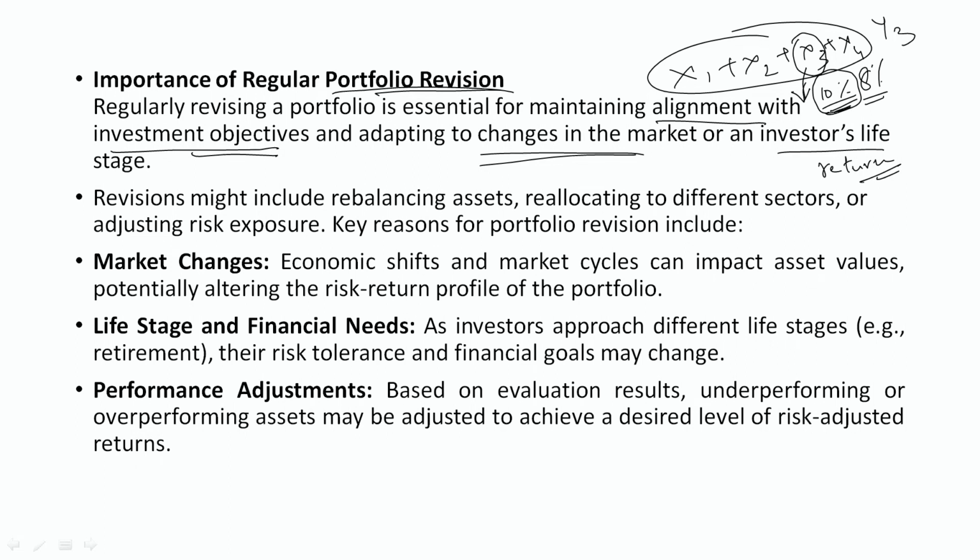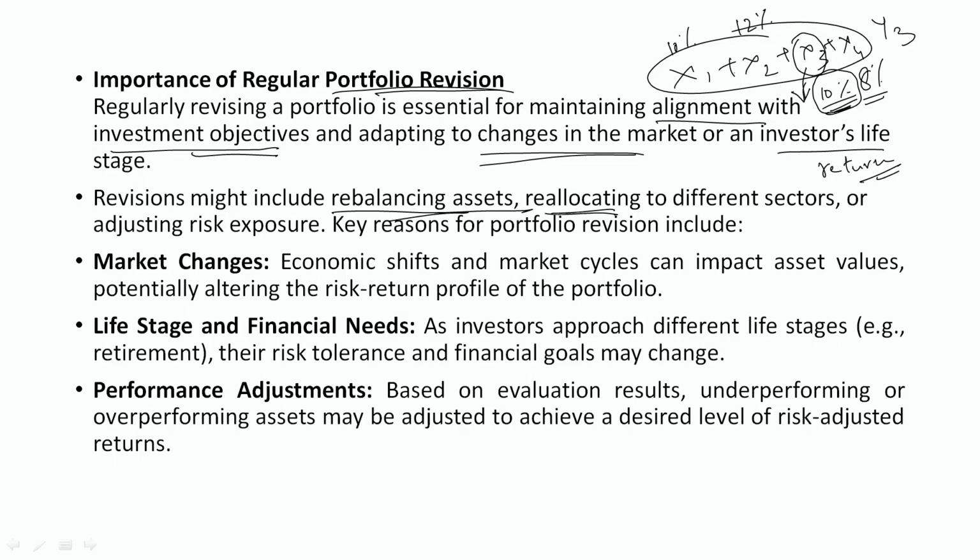And as I told you, it is rebalancing of assets or reallocating of assets. Rebalancing of assets means I am evaluating this in the first quarter, and I find that one of the securities in which I have put 10% of my money is giving a better return than another security in which I have put 12% of my money.